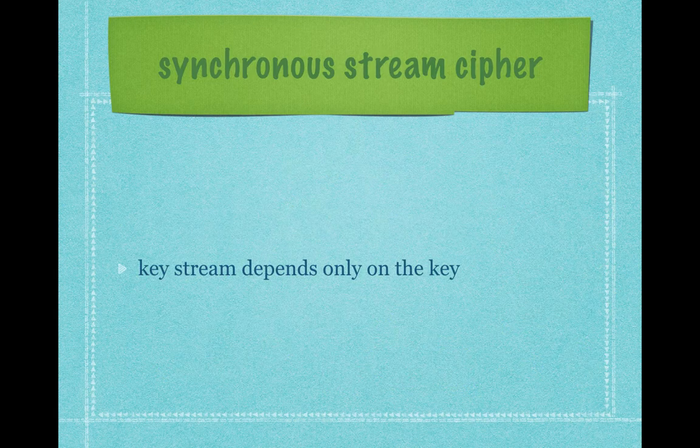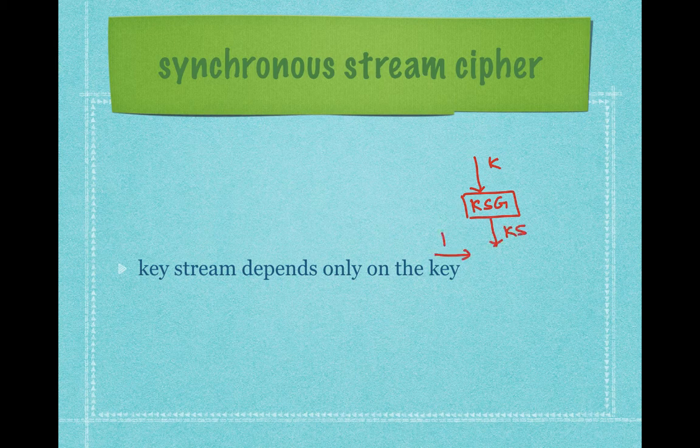Stream ciphers themselves have two categories called synchronous stream cipher and asynchronous stream cipher. So what is a synchronous stream cipher? A synchronous stream cipher is where you pass your key. This is my key K. This is my key stream generator. The key stream generator will produce what is called a key stream.